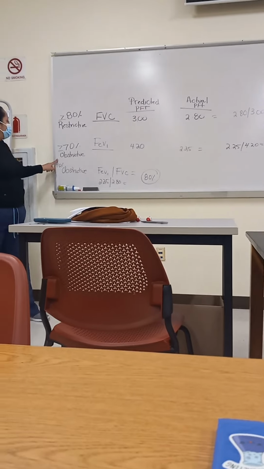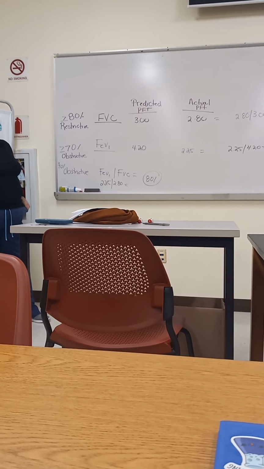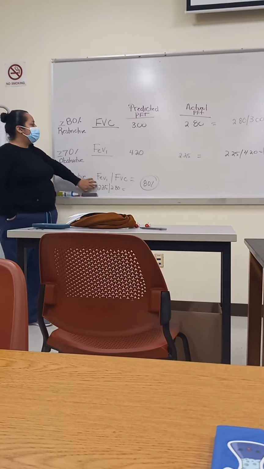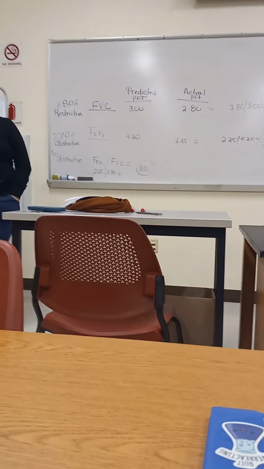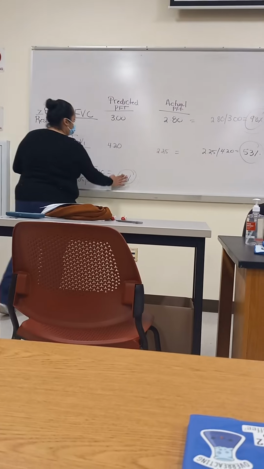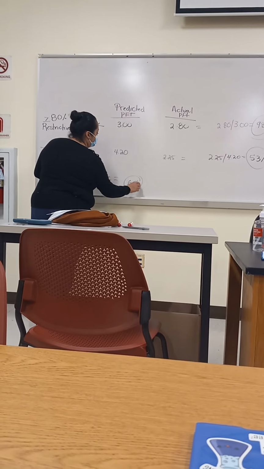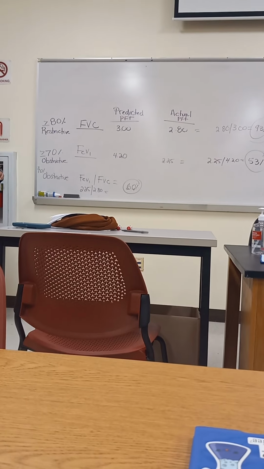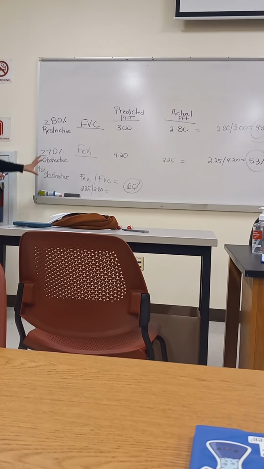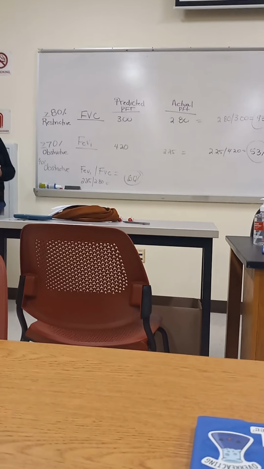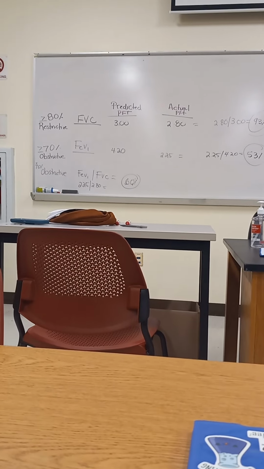So if it's greater than 70, this can really exclude obstructive. Can they have some obstructive? Maybe, but we really need to look at this. Now, if this was, I don't know, 60%, then it's definitely obstructive, because it's less than 70. And if the top number was less than 80, then it would be both.